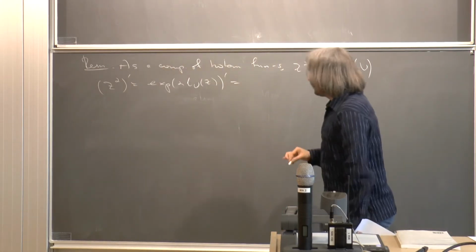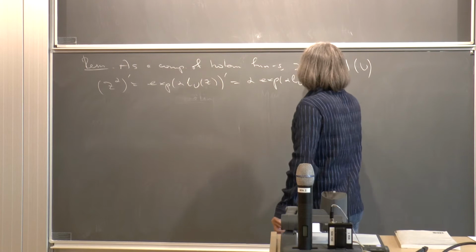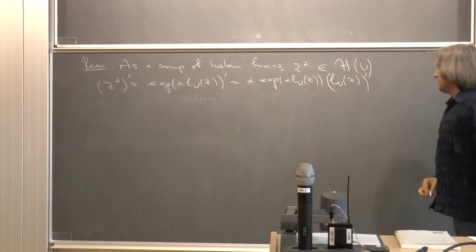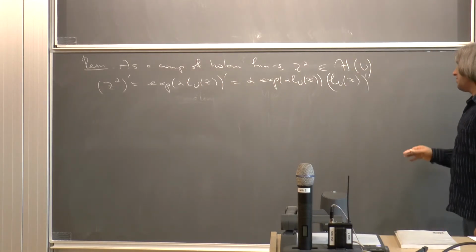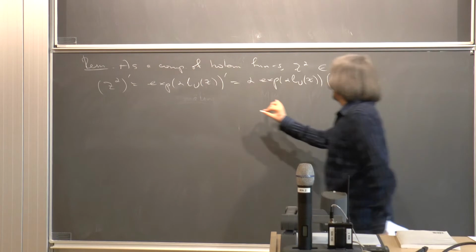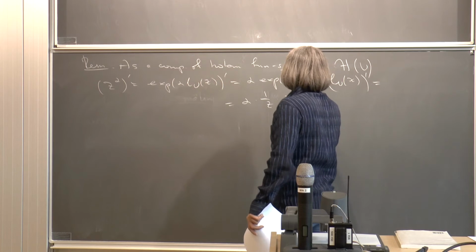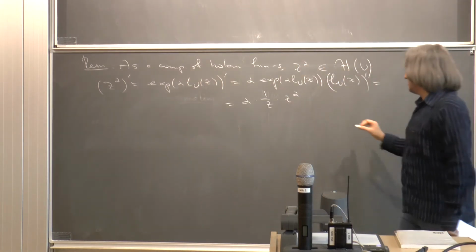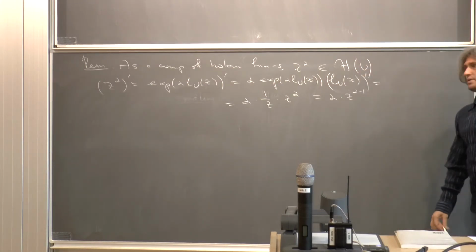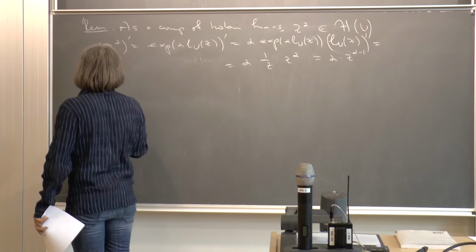We use the chain rule, but we already mentioned that the derivative of any choice of logarithm is 1 over z. And then by the calculation I made above, this is alpha times z to the alpha minus 1. So in the same way, if we do it many times, so iterate.